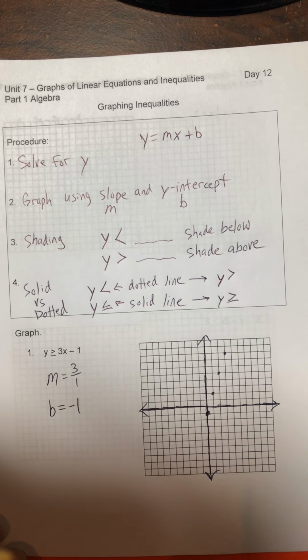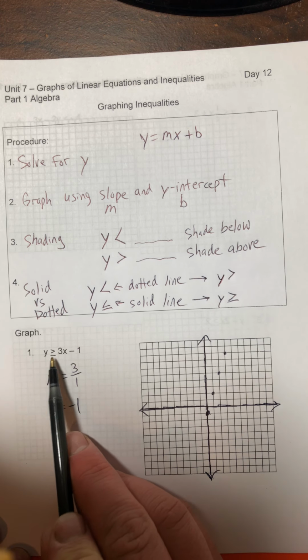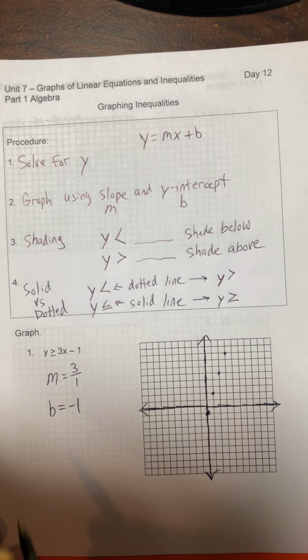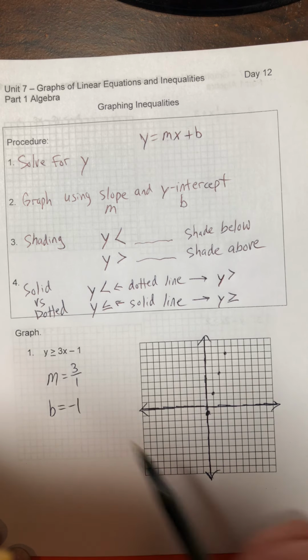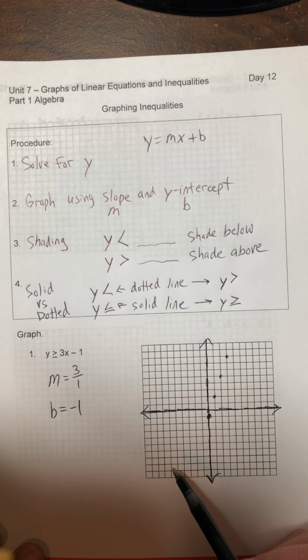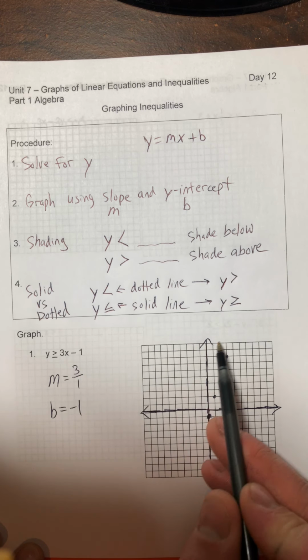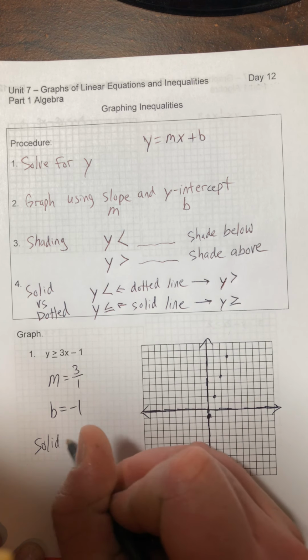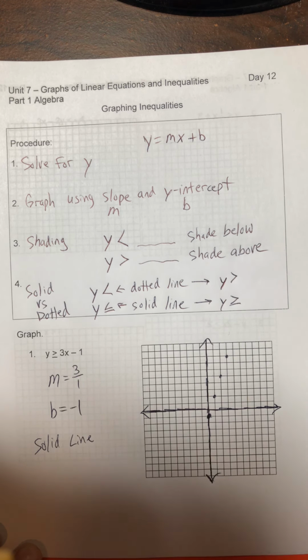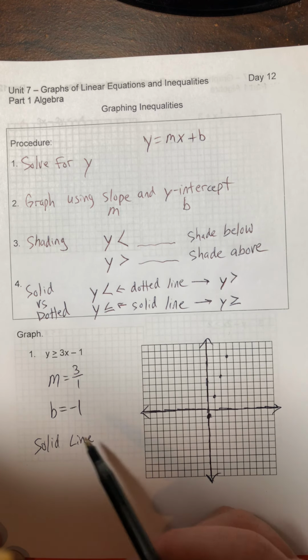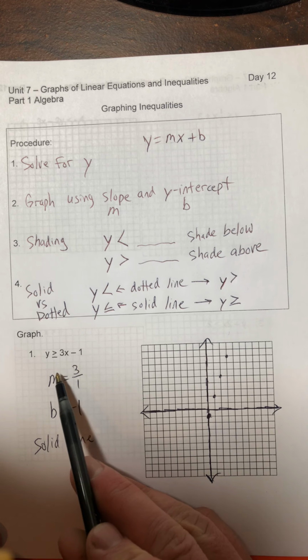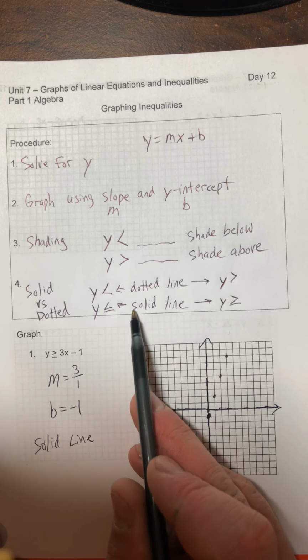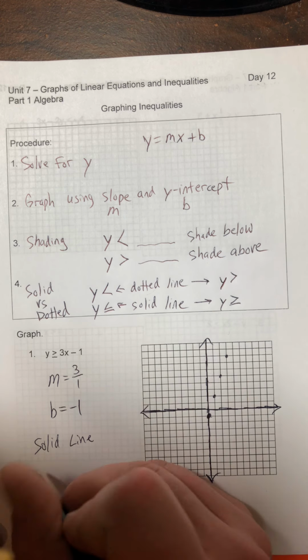Before you actually draw the line, though, you want to stop and think for a second. We have the inequality, y is greater than or equal to 3x minus 1. It's greater than or equal to, so is it solid or dotted? Well, it has an equal to sign, so it's going to be a solid line. You also can think about, are we going to shade above or below our line? Since it's greater than, we're going to shade above the line.